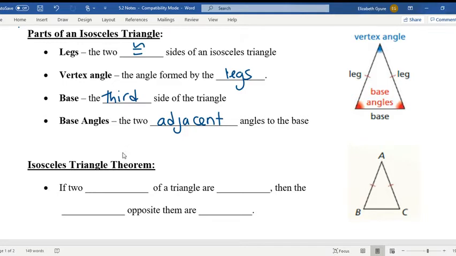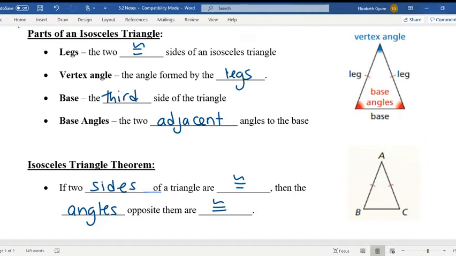So in our isosceles triangle theorem, it says if two sides of a triangle are congruent, in other words, it's isosceles, then the angles opposite them are congruent.